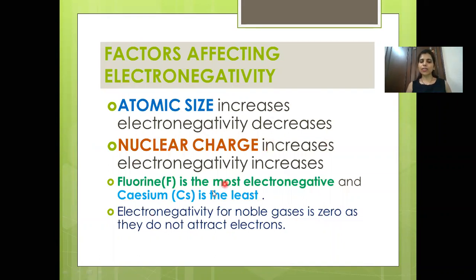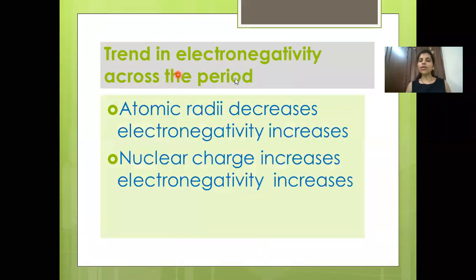Nuclear charge increases, electronegativity increases. So fluorine is the most electronegative and cesium is the least. Electronegativity for noble gases is 0 as they do not attract electrons. Trend in electronegativity across the period: atomic radii decreases, electronegativity increases. Nuclear charge increases, electronegativity increases. We have seen that.